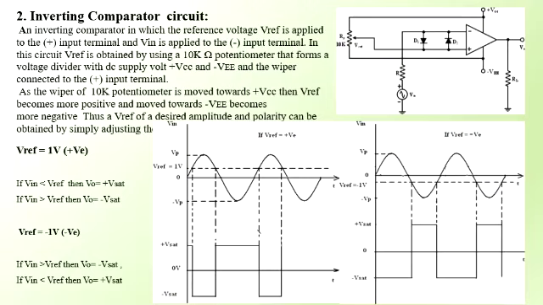As the wiper of the 10K potentiometer moves toward plus VCC, the reference voltage becomes more positive.